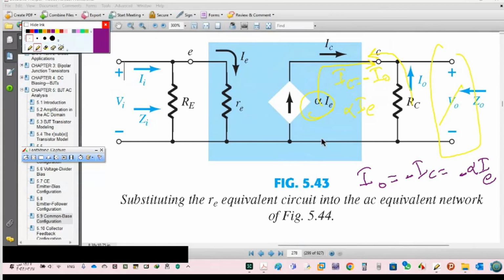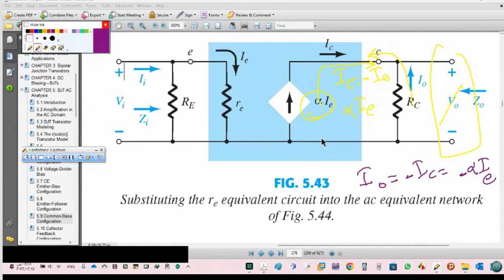So here we have something very important. Common base flips the current, common emitter flips the voltage. Repeat. Common base, flip the current. If I want to flip the current, it's common base.